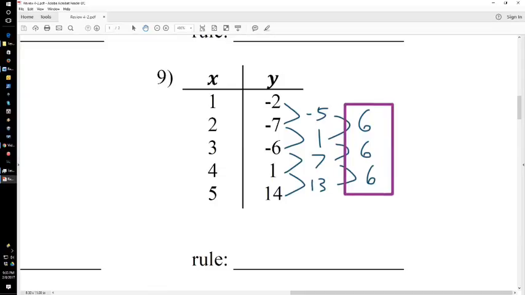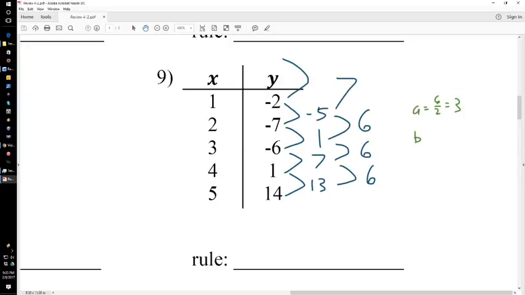It's quadratic. Okay? So we need to find an A, B, and C. Your second difference, in this case, is 6. A is your second difference divided by 2, so that's 3. B is your very first difference, which, again, they don't give you. We're going to have to back up in order to find it. If I back up my outside layer, then my inside layer: negative 5 minus 6 is negative 11.